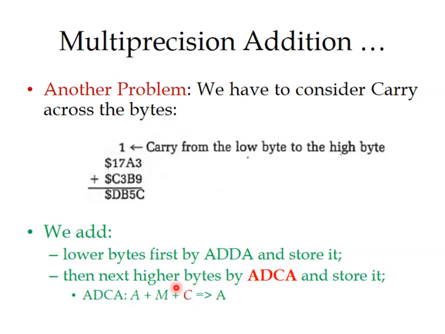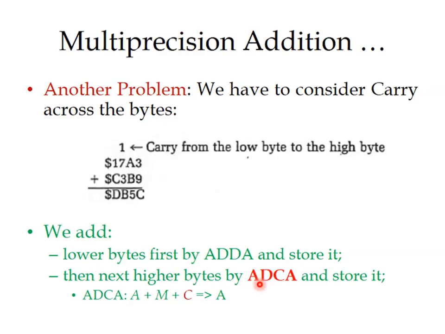It adds A and the memory, meaning the data you give, but it also adds the carry. You see the carry, I marked it red. That means whatever carry you had in the previous step is being added at the same time. Now this is really interesting. To add the lower byte, we just use the regular addition. To add the higher byte, we use a different addition, which is ADCA.